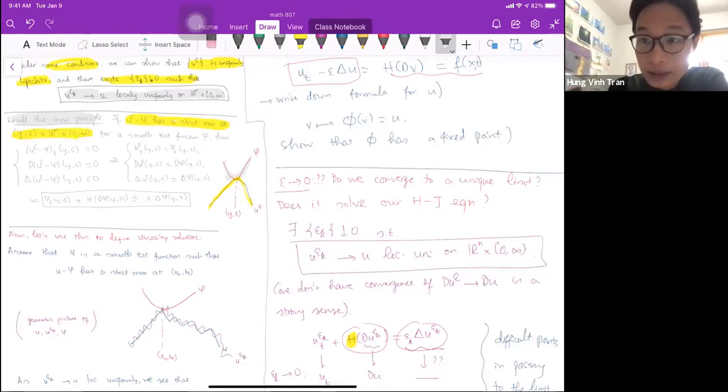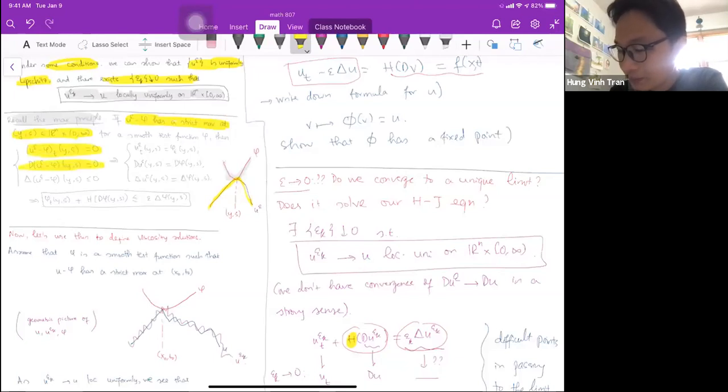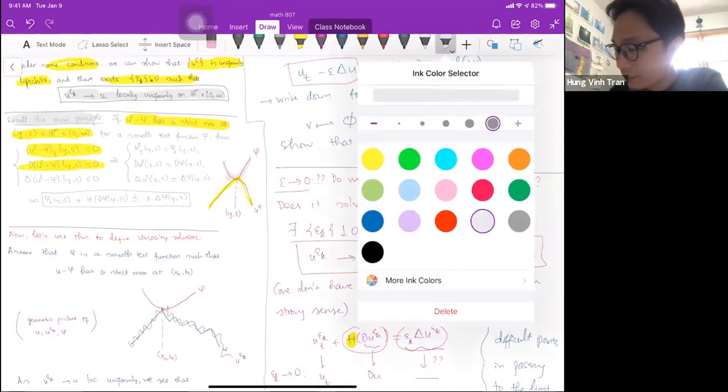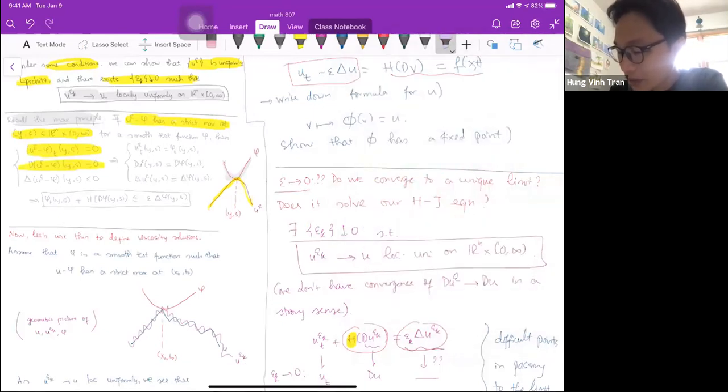Then clearly, by using the maximum principle, you can see that the gradient equals 0, and the Hessian is less than or equal to 0 at that point, right?